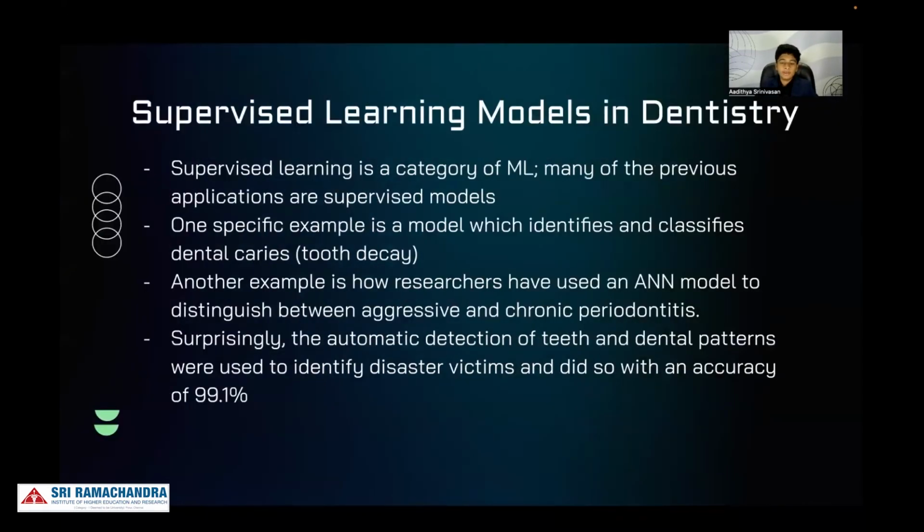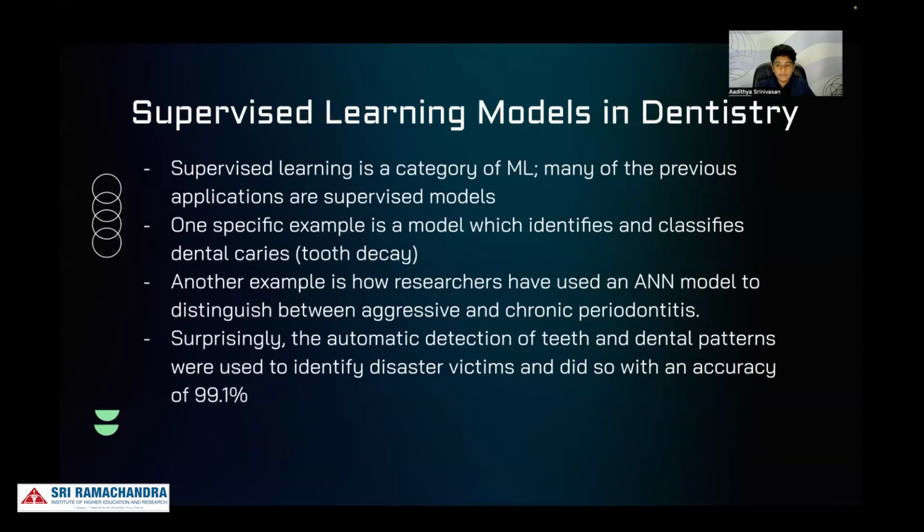Next, I'll be talking about supervised learning models in dentistry. Supervised learning is a category of machine learning, and many of the previous applications are actually supervised models. One specific example is a model which identifies and classifies dental caries, which is more commonly known as tooth decay. Another example is how researchers have used an artificial neural network model to distinguish between aggressive and chronic periodontitis.